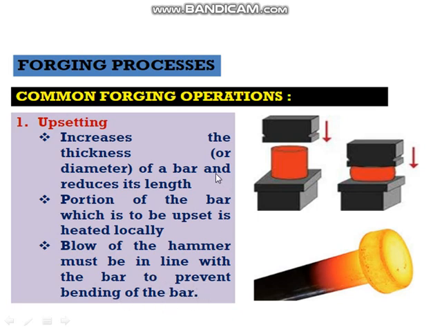In the diagram, we can see this portion is heated and hammered, and its shape changes. Upsetting means increasing the thickness or diameter of the bar while its length changes.